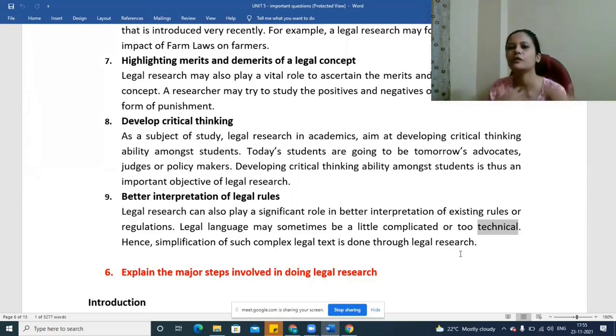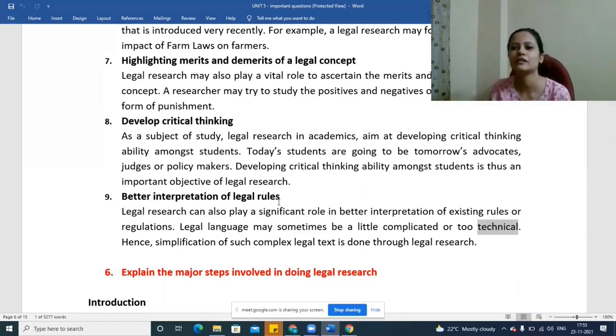Rather, we read some articles here and there, some newspapers, or watched some videos. From there, we got the conclusion that these things are in it. We did not read the entire legislation, still we know what is there. That means it helps in better interpretation of legal rules. By doing legal research, they try to sum up the entire thing.